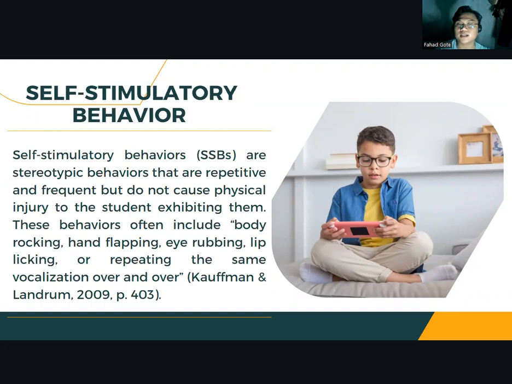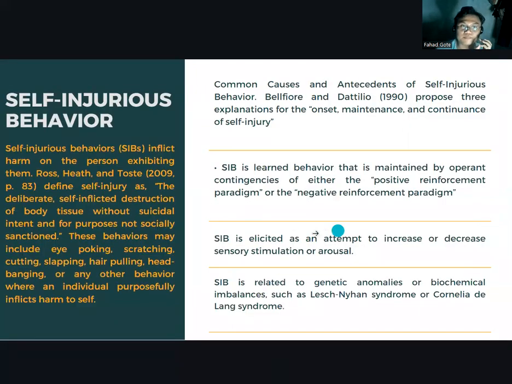Common causes or antecedents for self-injurious behavior: Baumeister and Rollings, in 1990, proposed explanations for the onset, maintenance, and continuance of self-injury.